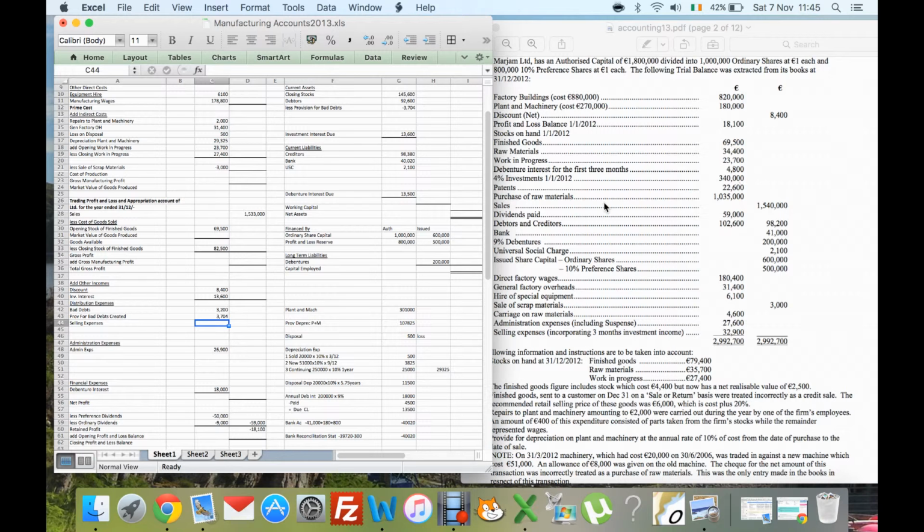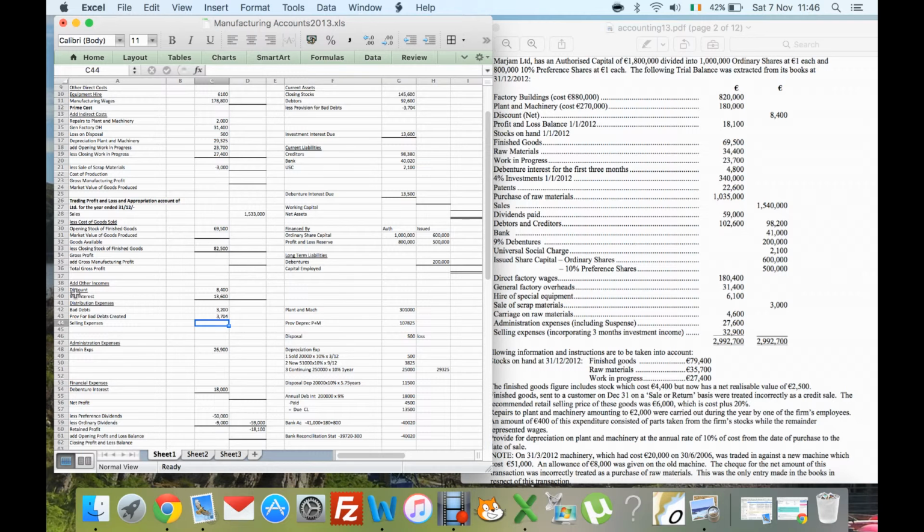They're worth 340 grand. 4% of 340 grand is the figure I would have put in as interest. So that's 13,600. So a quarter of that has to be added on to my selling expenses. Remember, I'm debiting it to take it out of selling expenses and put it into a new investment income account, which is the figure that ends up over here in my balance sheet.